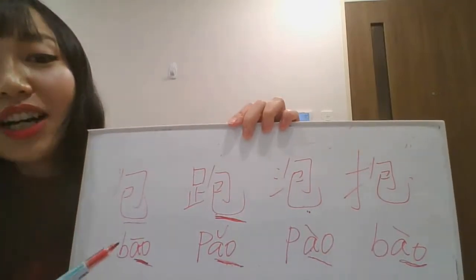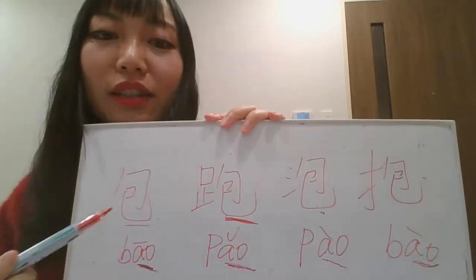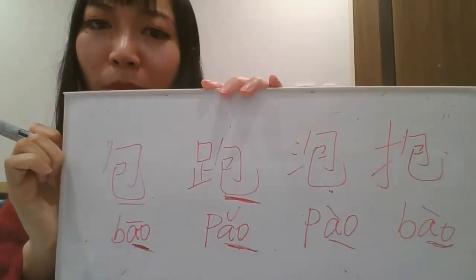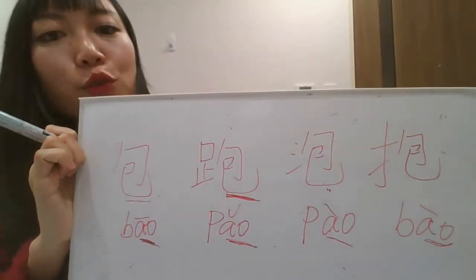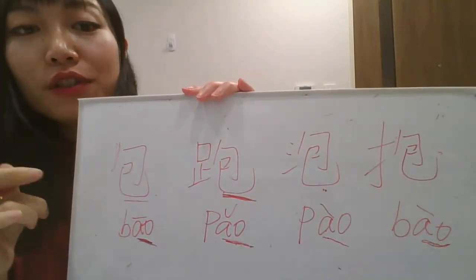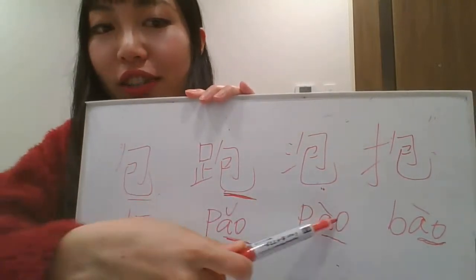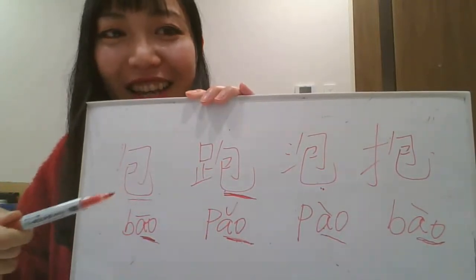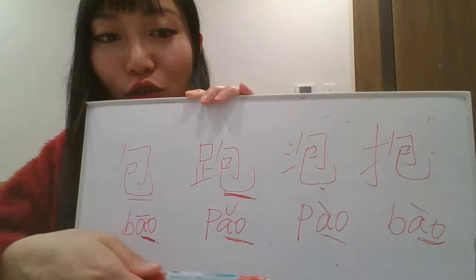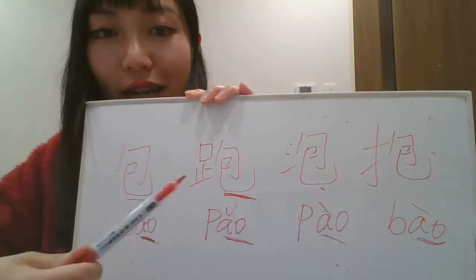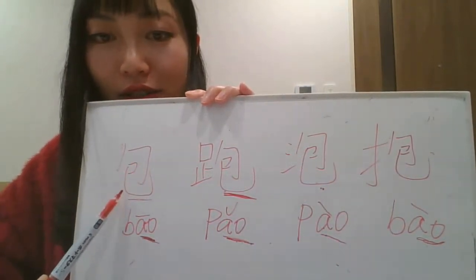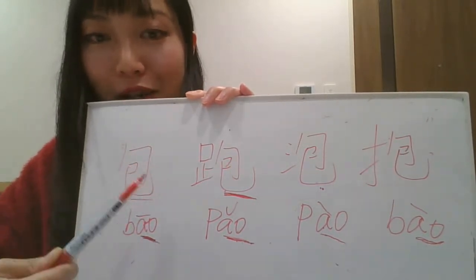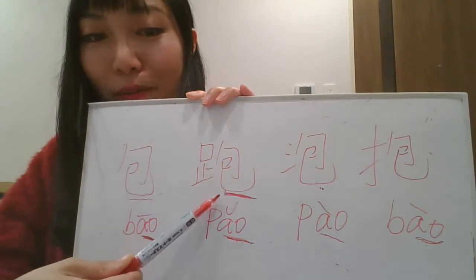So this is Chinese. Many people think Chinese characters are so difficult to remember, but there's a good way to remember. If you see characters that look similar, then basically the pronunciation is going to be similar. Look at the left part: this means bag, but it has nothing to do with bag.